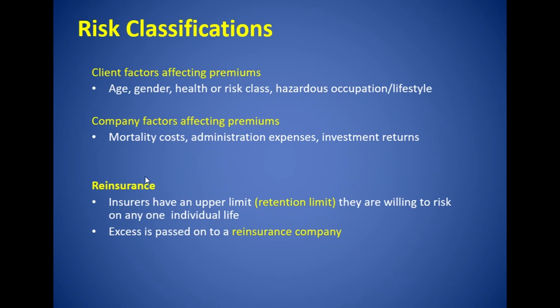Okay, now another point I want to cover is the topic of reinsurance. You may have seen this term. What is reinsurance? Well, if I'm an insurance company, I am basically a conservative organization.